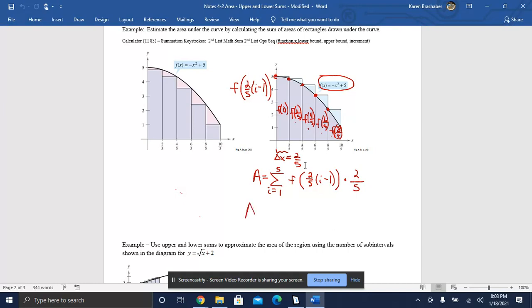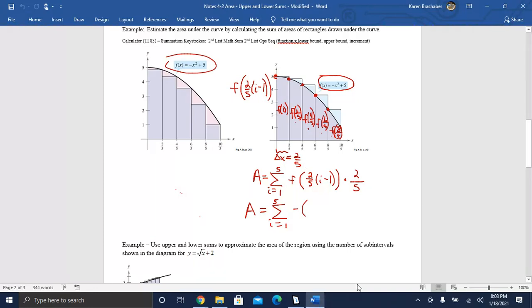So once again, we'll substitute that into our equation. So it's i equals 1 to 5. Our equation, remember, is negative x squared plus 5. So we'll have negative and then our x squared. Now, I think I'm going to go ahead and distribute the 2/5.